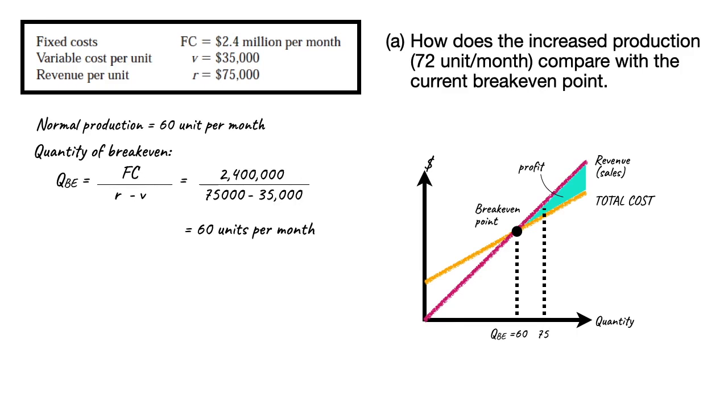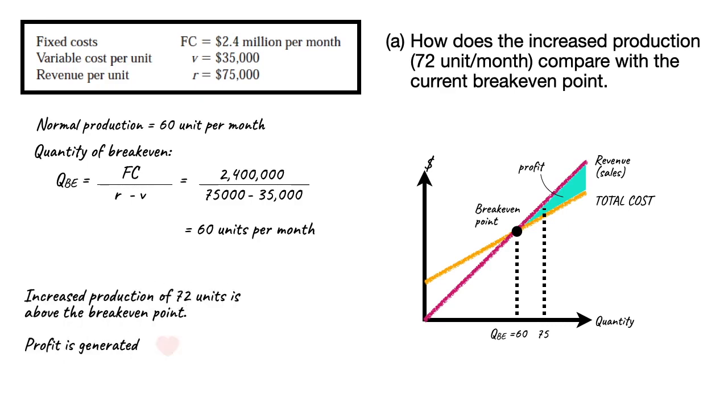As you can see, it falls within the region whereby the company begins to get profit. So we can say that the increased production of 72 units is above the break-even point and profit is generated. Happy, happy, happy.